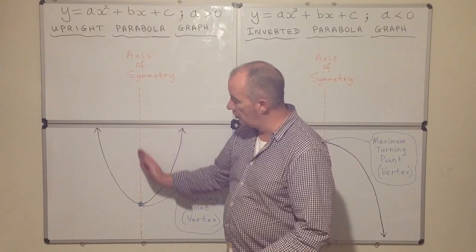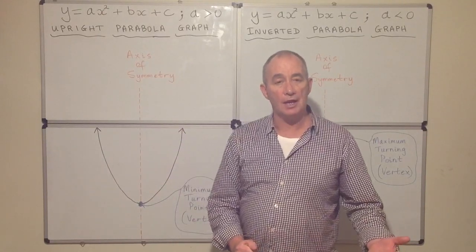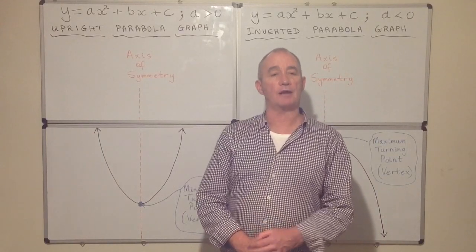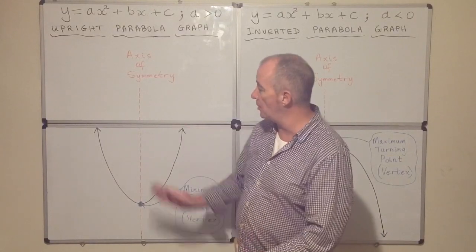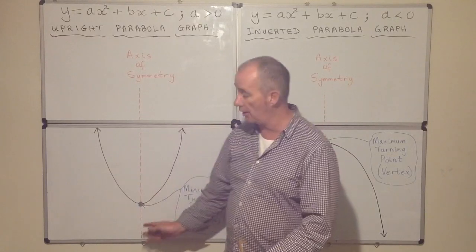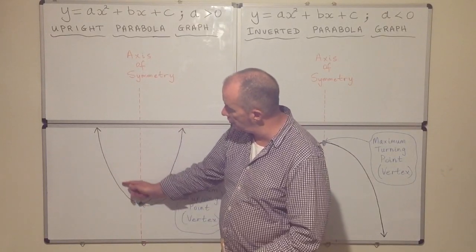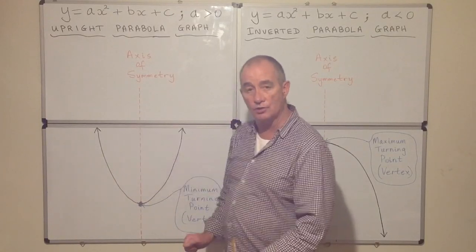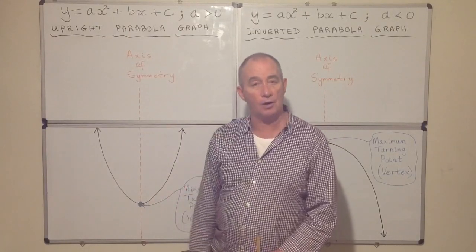The red dotted vertical line here is not part of the graph. It's an imaginary line. It's the axis of symmetry. Now, an axis of symmetry can be thought of as being like a flat mirror. If you picture this red dotted vertical line as a flat mirror, if you put the left hand side of this parabola curve in front of the flat mirror, what you would see inside the mirror would be the right hand side of the parabola curve.